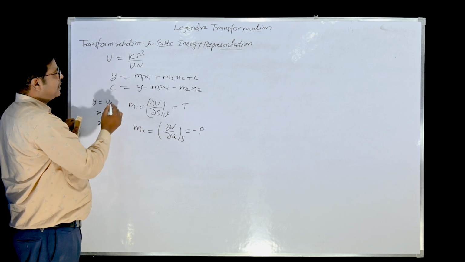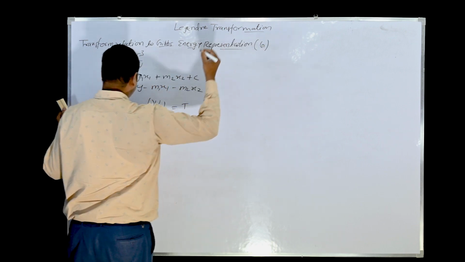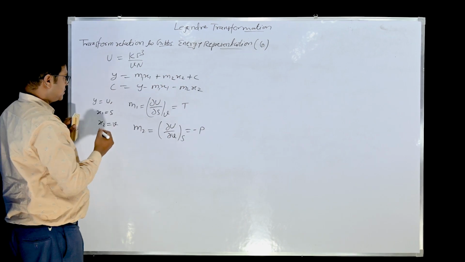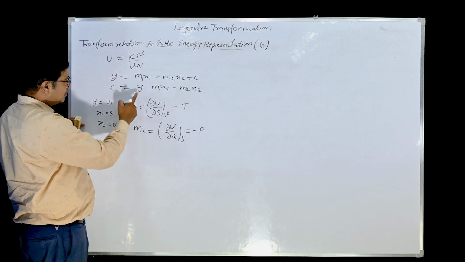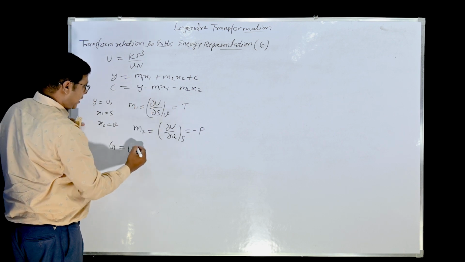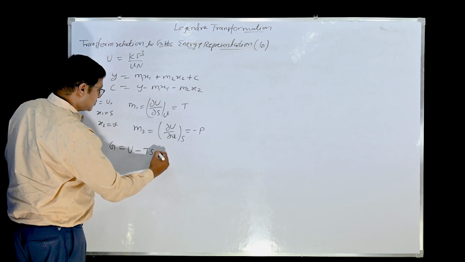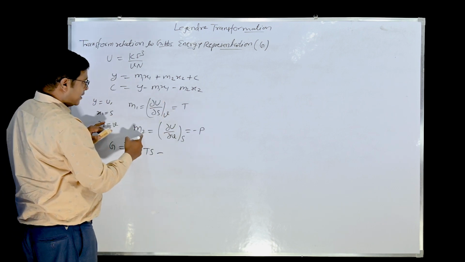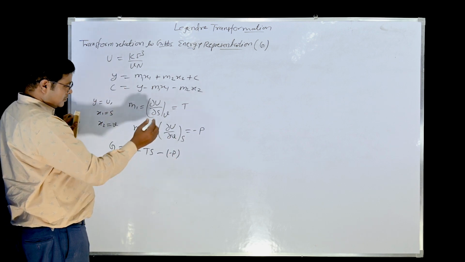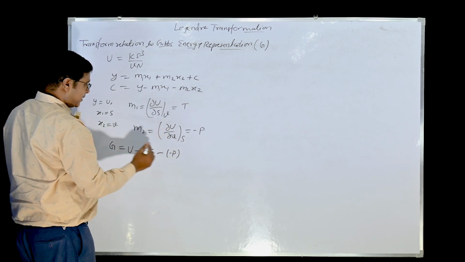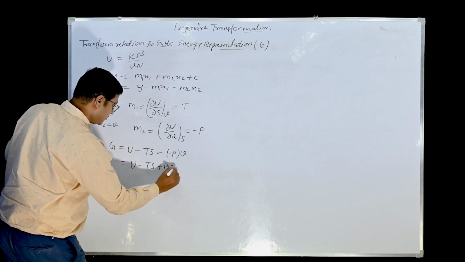This c constant I will replace with the Gibbs energy term that is given by the capital G, and we will see what comes. So in place of c I will put G, y is equal to U, and m1 is nothing but the T and x1 is S, then minus m2 is minus P, so I will put minus P here, and x2 is V. So this relation comes G equals U minus TS plus PV.